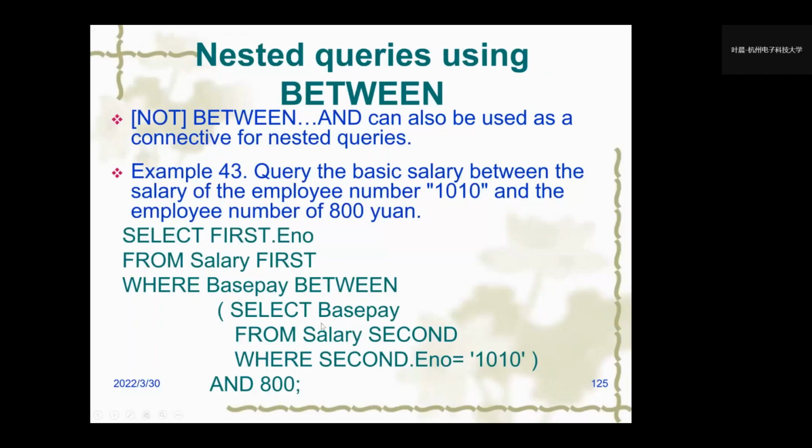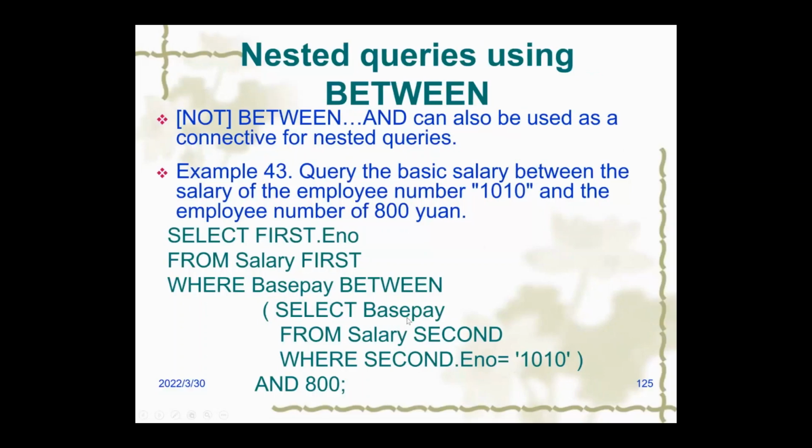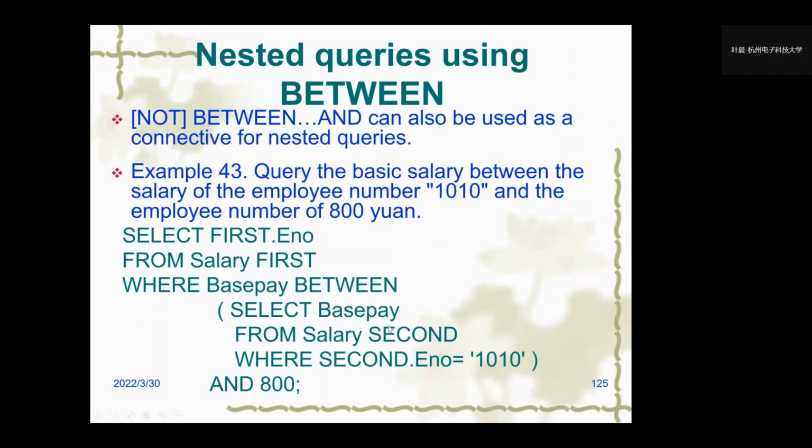So here we can select the base pay under this condition, and between and the employee number of 800 yuan. So we just write between this subquery and 800 here as the condition for the outer select language.